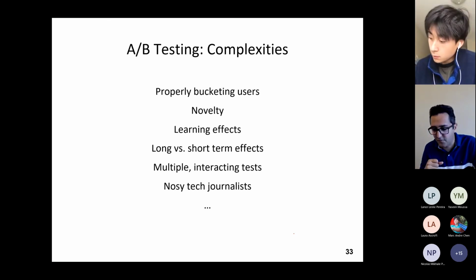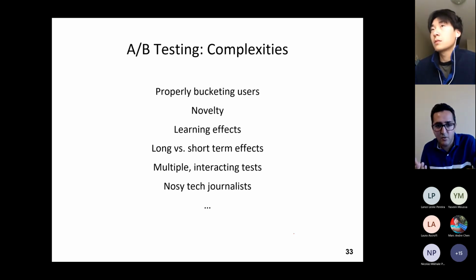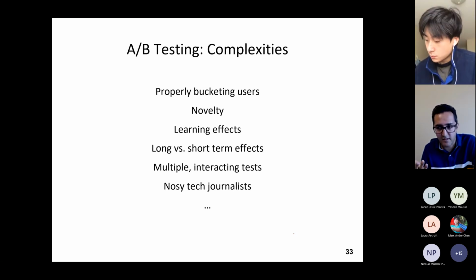And sometimes there are also funny things, such as a nosy tech journalist, because when you do A/B testing, you release what you're testing to some of the users, right? For example, if Amazon wants to test a new UI, some users will see the new UI, right? So sometimes it can leak a company's secrets.